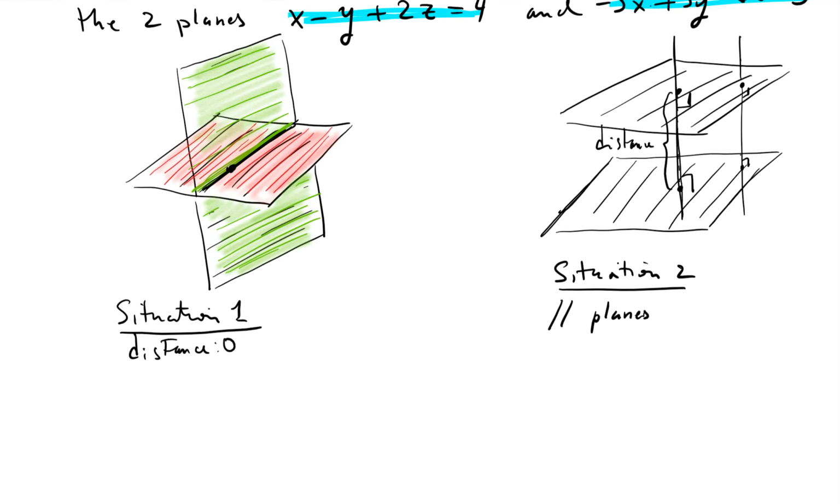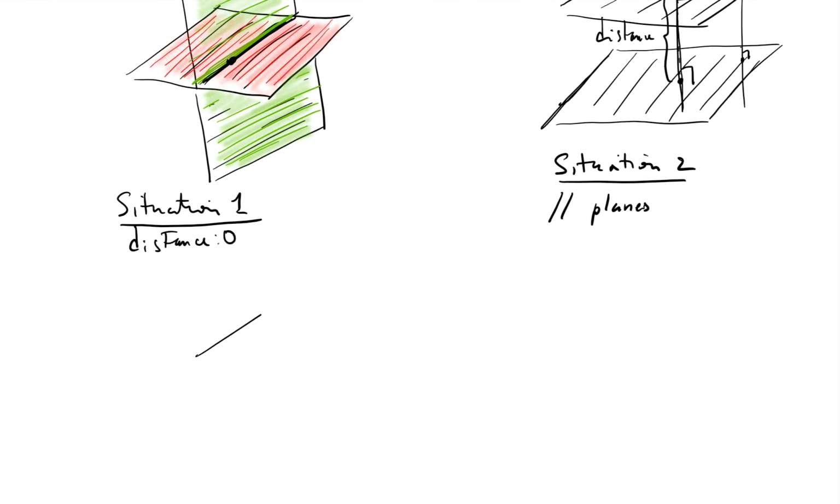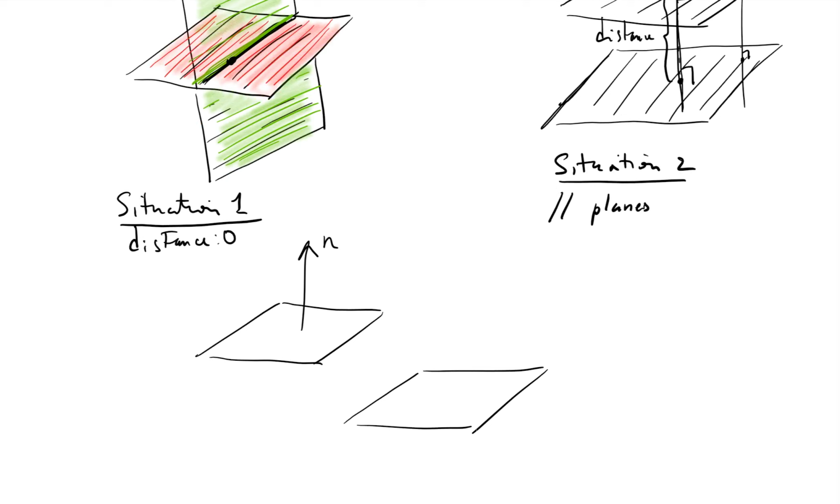Now, here's the thing. If I have a plane, I can easily get a normal vector to that plane. If I've got another plane that's parallel, it could have another normal vector, maybe longer, maybe shorter, maybe way longer, maybe not even pointing in the same direction.